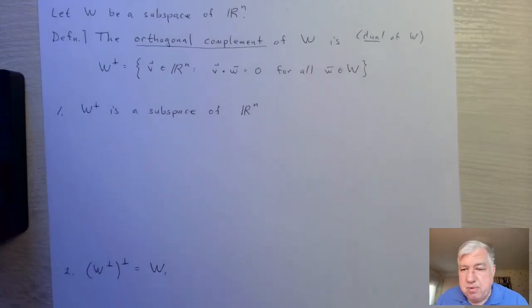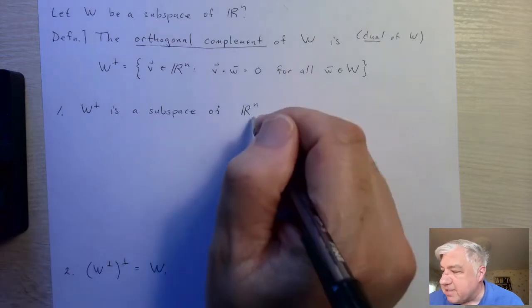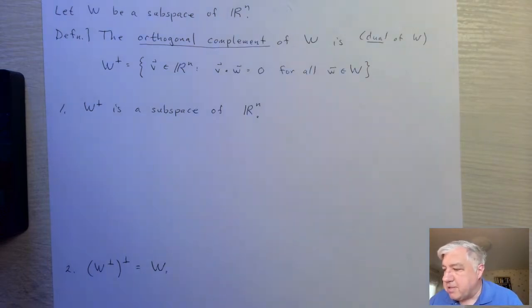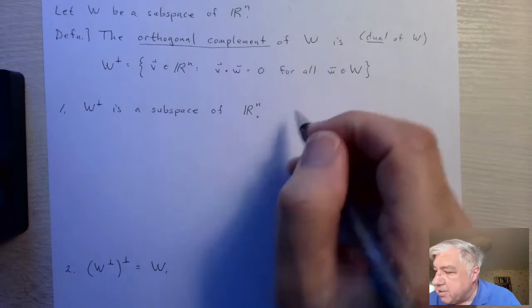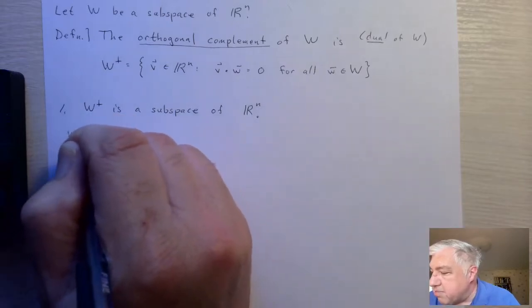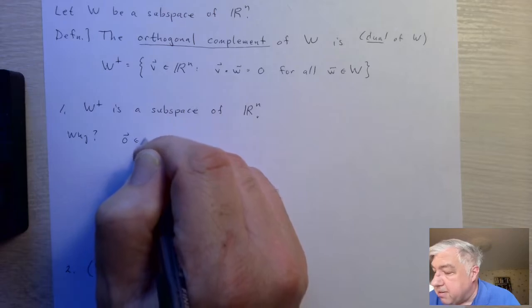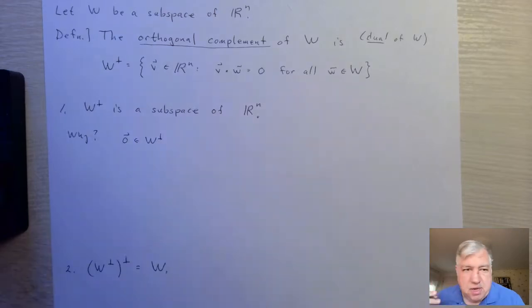The first thing we want to show is that W perp is in fact a subspace of Rn. We know what to do when we show that something is a subspace. We first note that it's non-empty. Zero is certainly going to be in W perp, because the zero vector is orthogonal to everything.